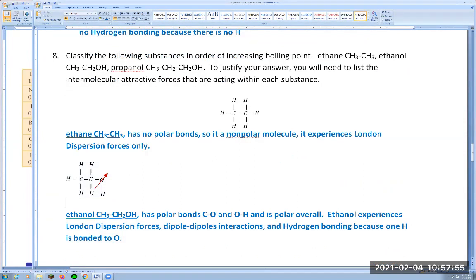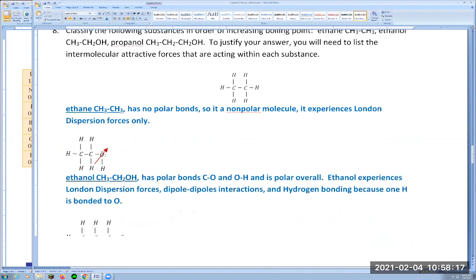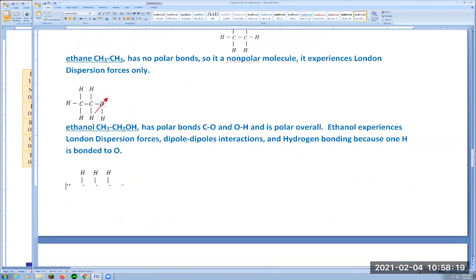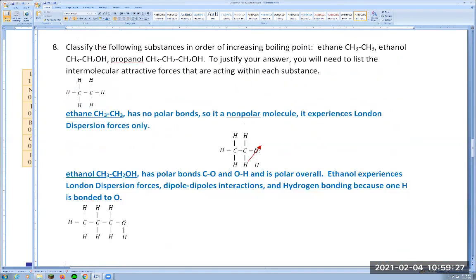So now let's look at propanol, CH3, CH2, CH2OH. Propanol will be very similar to ethanol, except that there is one more CH2 in between the CH3 and the CH2OH. So here is the Lewis structure of the propanol.